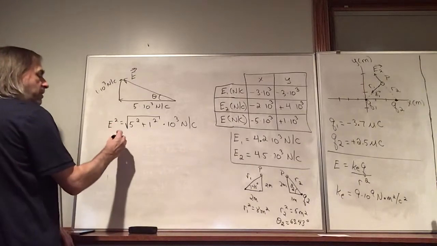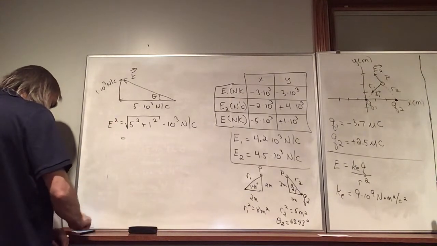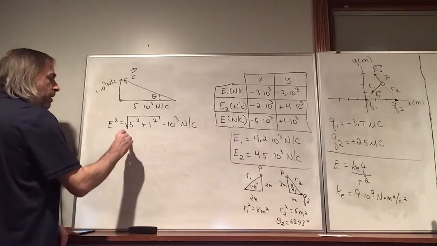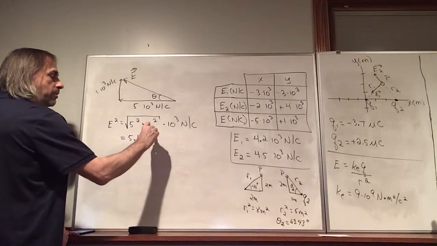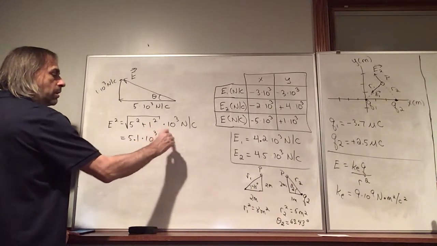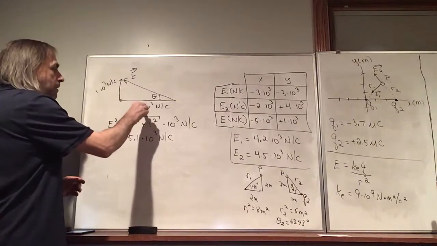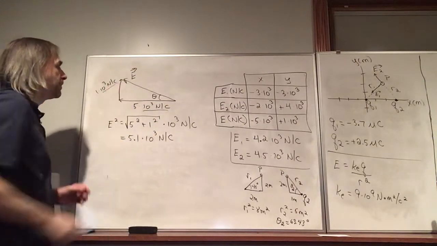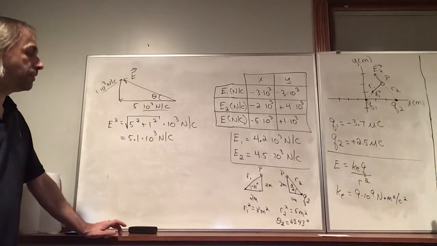So we have the square root of 26, which is a little more than 5, around 5.1 times 10 to the third newtons per coulomb. It's a little easier to factor out this common piece than to carry through that calculation.